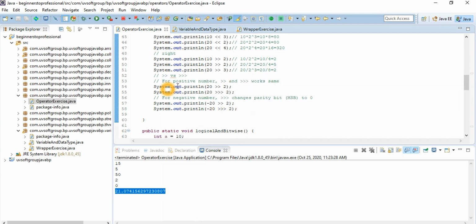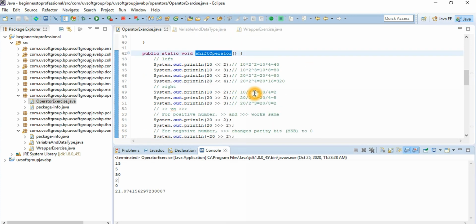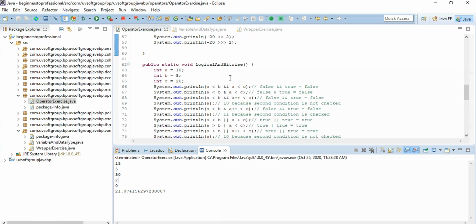And you see a positive number with a left shifting operator, and then 3 with the greater than operators, and so on. If you have a negative value, you can get the idea of what the result is. So let's run this.